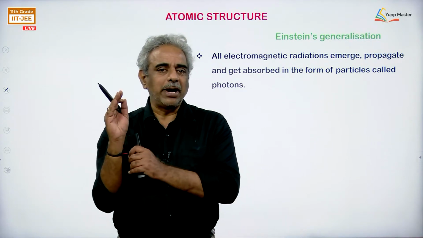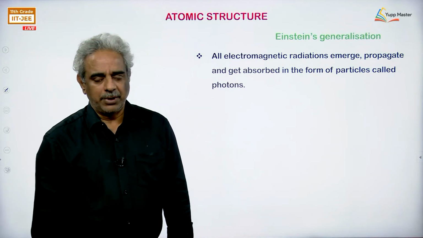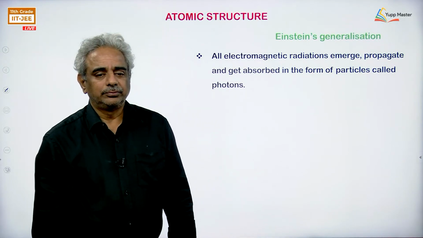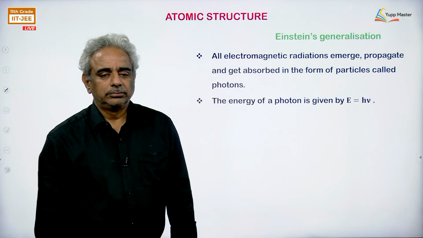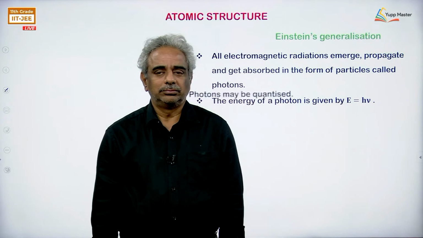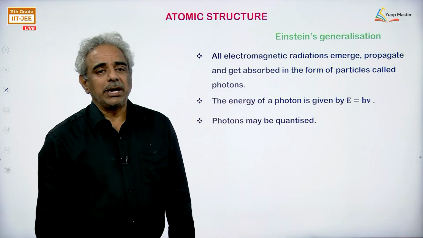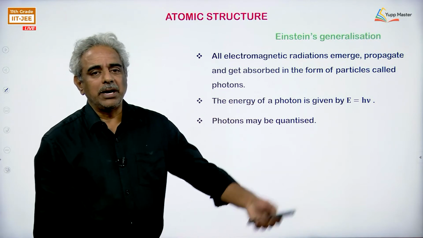So, there is a source of light, energy comes out in the form of particles called photons. The energy of a photon is given by E is equal to h nu. Photon energy may be quantized, that energy will be multiplied.